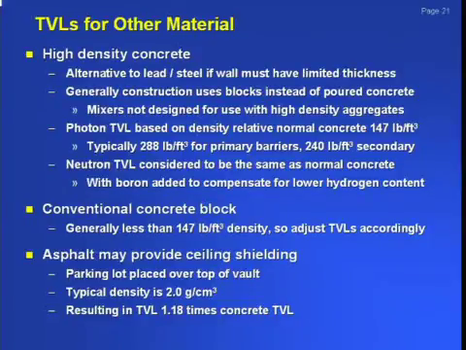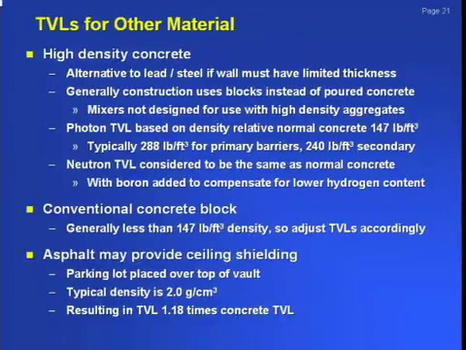If you have a parking lot on top of your vault, your typical density that you use is 2 grams per cubic centimeter for your asphalt. What results is your TVL is about 20% higher for asphalt than your typical concrete. But asphalt is perfectly good for shielding purposes.